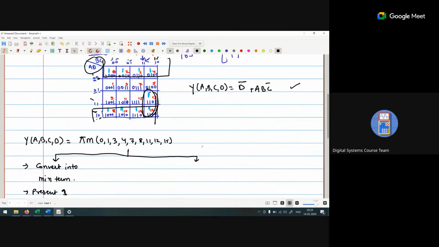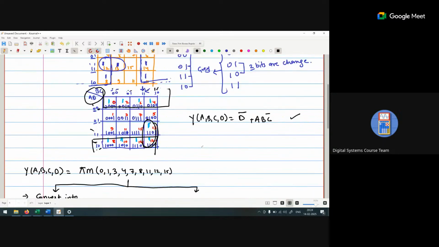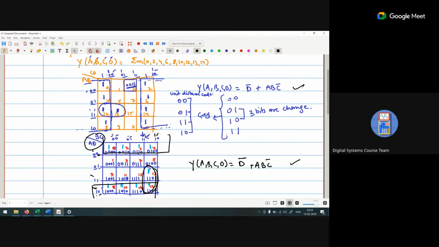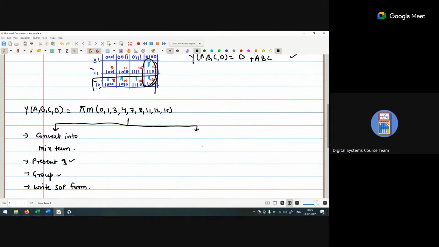Okay, convert into min term. After converting into the min term, what should we represent? We should represent 1 where the term is defined. So represent 1. Then after that, create a group and write the SOP form. So when I convert this max term into the min term, the procedure is just as the previous one.